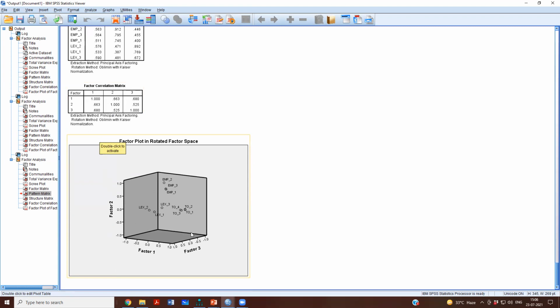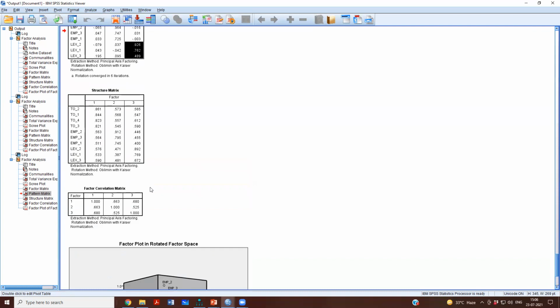Okay, this is just the reporting in a 3-dimensional space now, because we have 3 factors. So it is not very easily visible now, but it is just showing the loadings of these 10 items on the 3 axes, factor 1, 2, and 3.